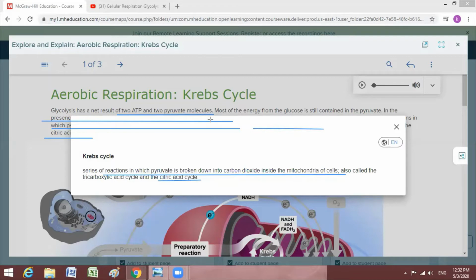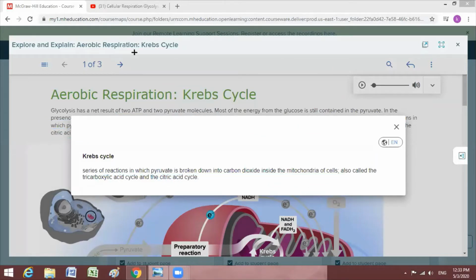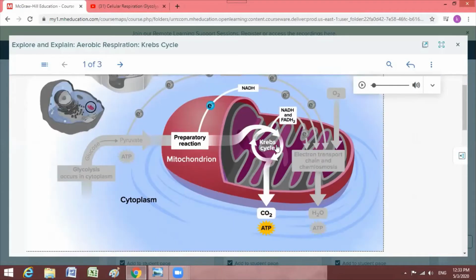If the cell is respiring aerobically, phase 1 is glycolysis. Once done with glycolysis, they will go to the Krebs cycle. The Krebs cycle takes place in the matrix of the mitochondria in the presence of oxygen. That's why it is known as aerobic respiration.